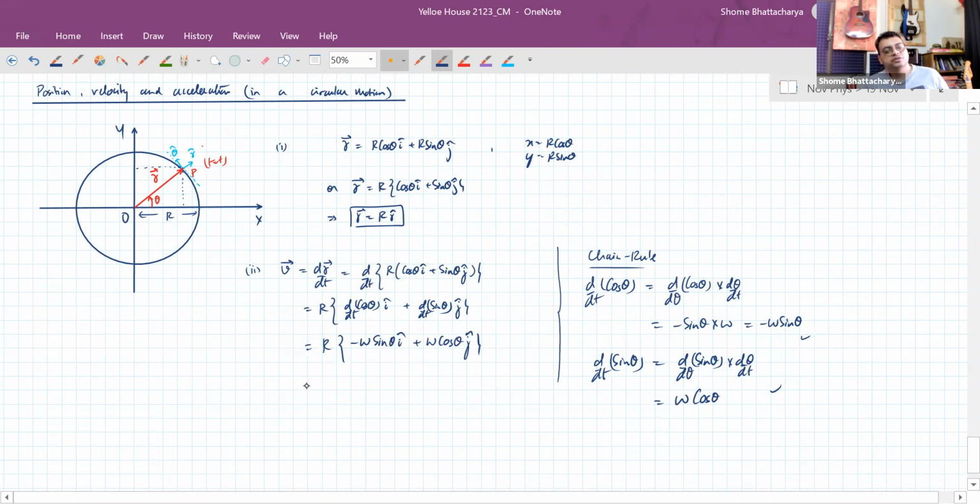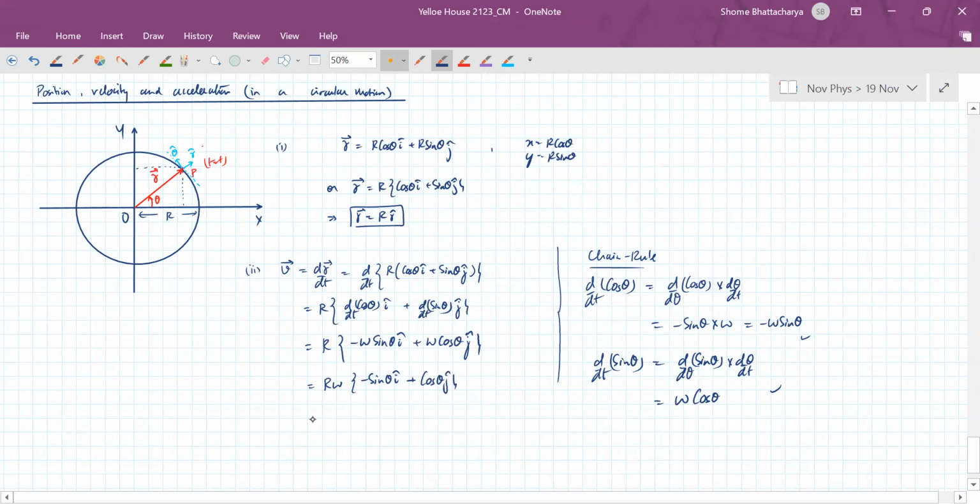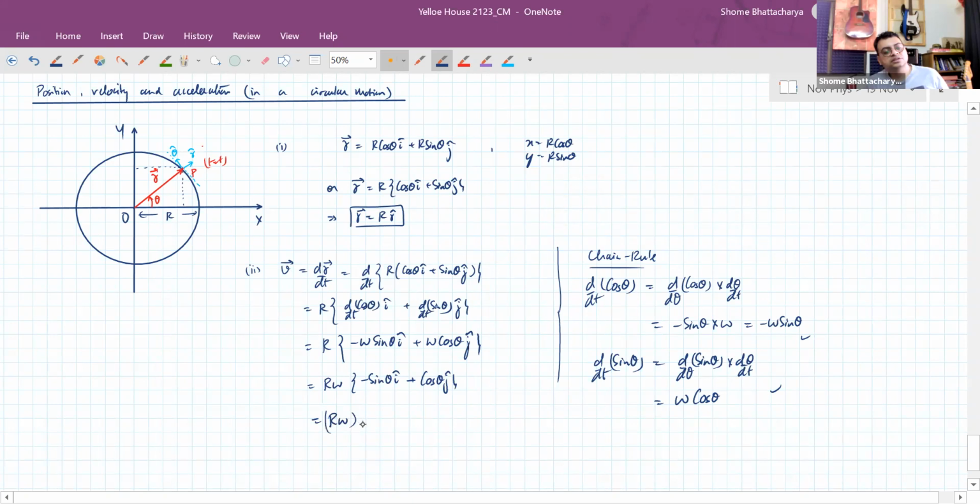Okay. And further, if we take omega common, you can see we are left with the tangential unit vector, minus sin theta i cap plus cos theta j cap. So we see that the velocity is given by this kind of relation. It is R omega in magnitude, but its direction is along theta cap.